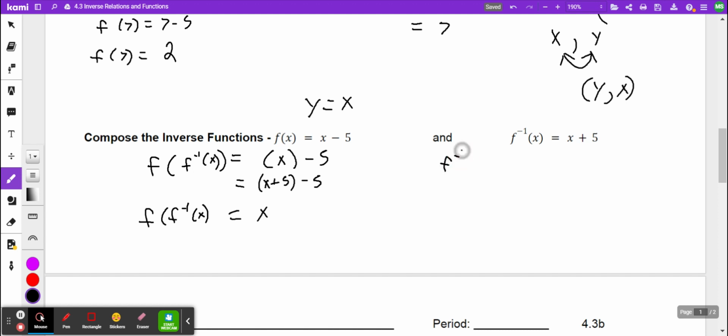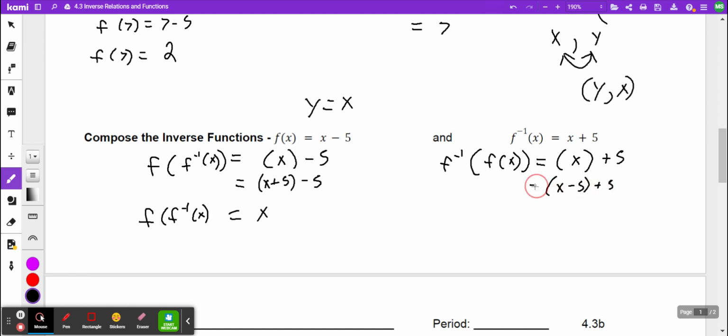So we're going to input the function f into the inverse of f to prove that it is an inverse. So we get plus 5. We're going to switch out our input for our new input, x minus 5.